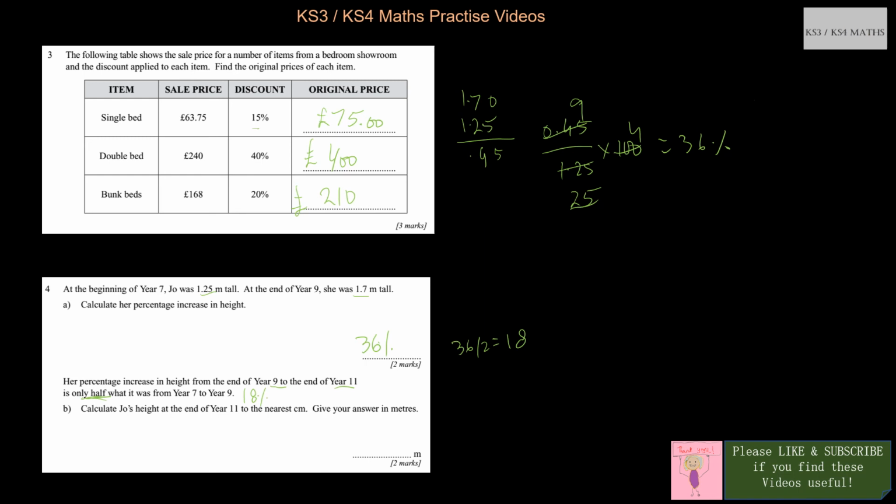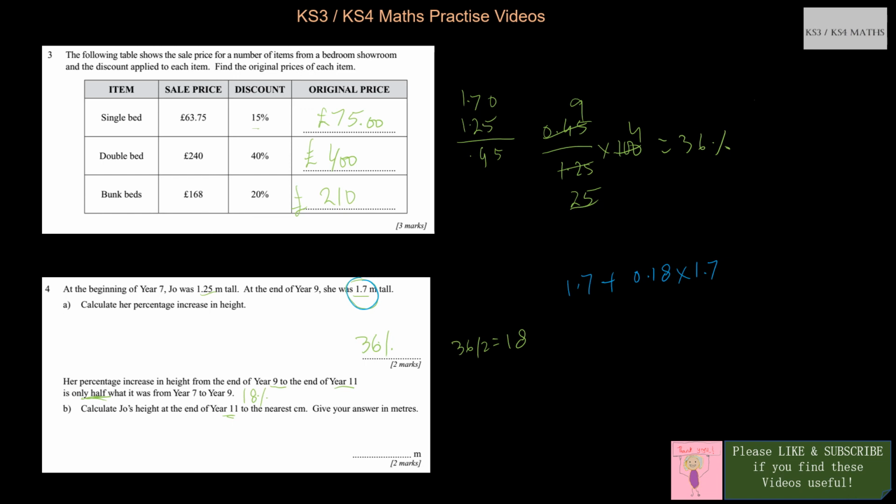Joe's height at the end of year 11. At the end of year 9 it was 1.7 meters. So at the end of year 11 it would be 1.7 plus 18%, which is 0.18 times 1.7. The answer is in meters.